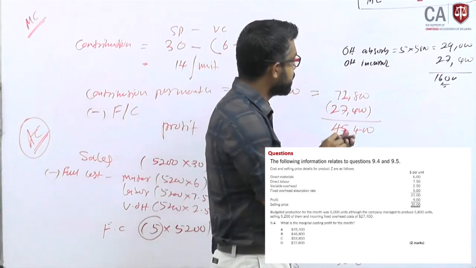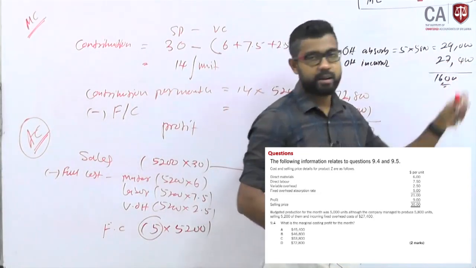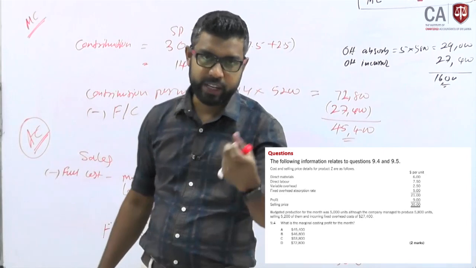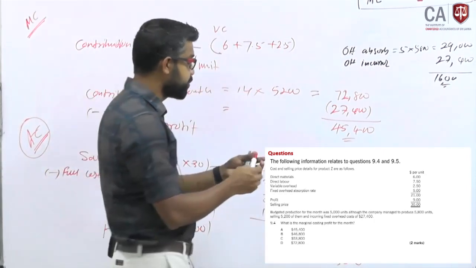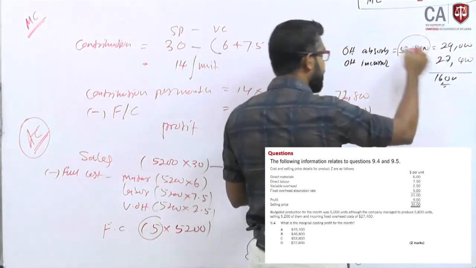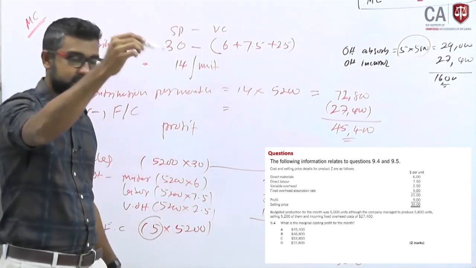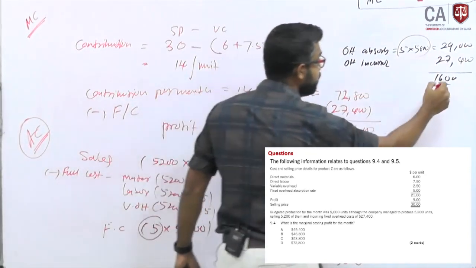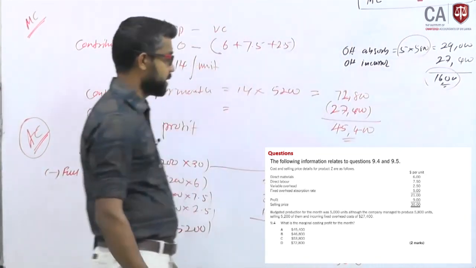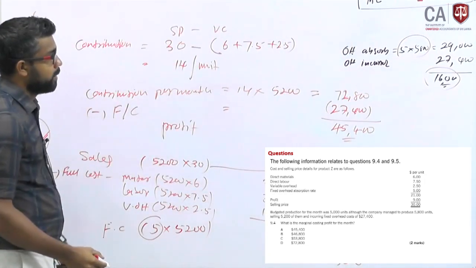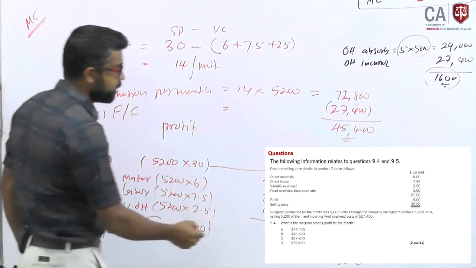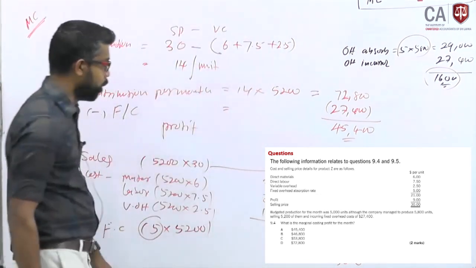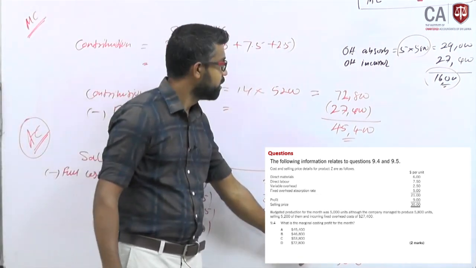While you actually incurred 27,400, you have absorbed to the entire production, 5,800 units, 29,000, which means you have absorbed 1,600 more. Here more amount has been deducted, no?